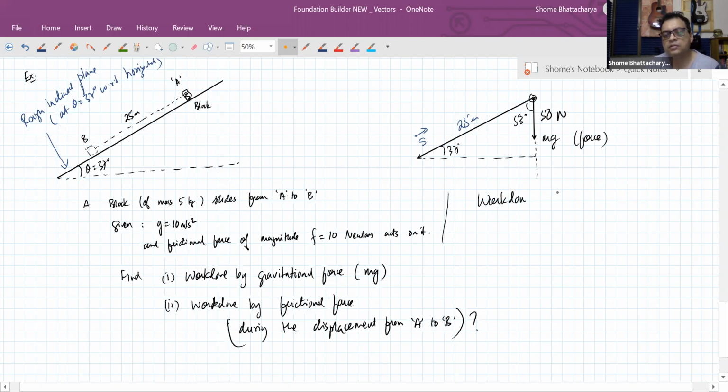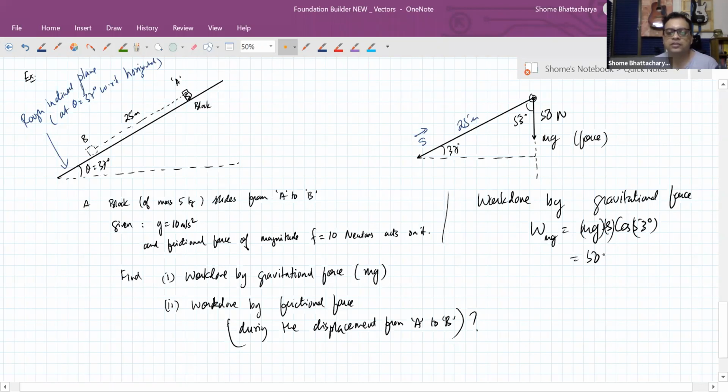So work done by gravitational force, this will become how much? It will become mg into s into cos of which angle? 53 degrees. So the angle between the force and the displacement is this.